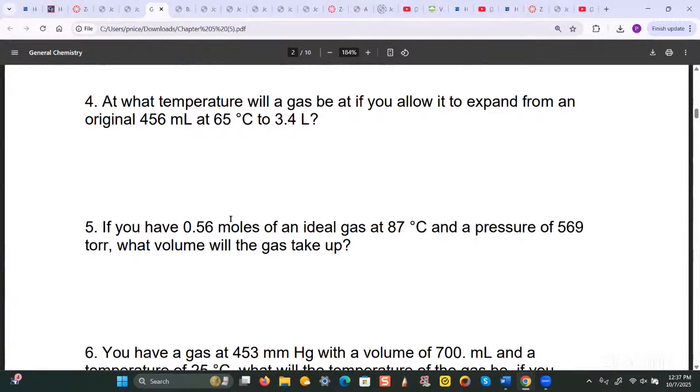Charles's law, which is V1 over T1 equals V2 over T2. Okay, very good. So we have to identify these as different terms in the question.